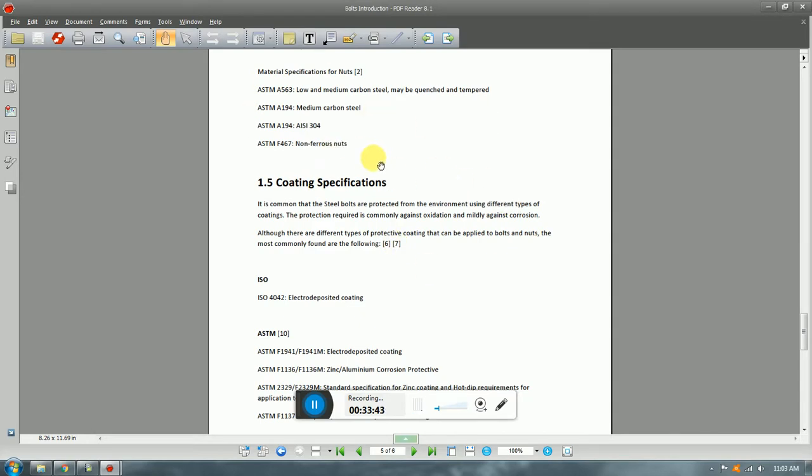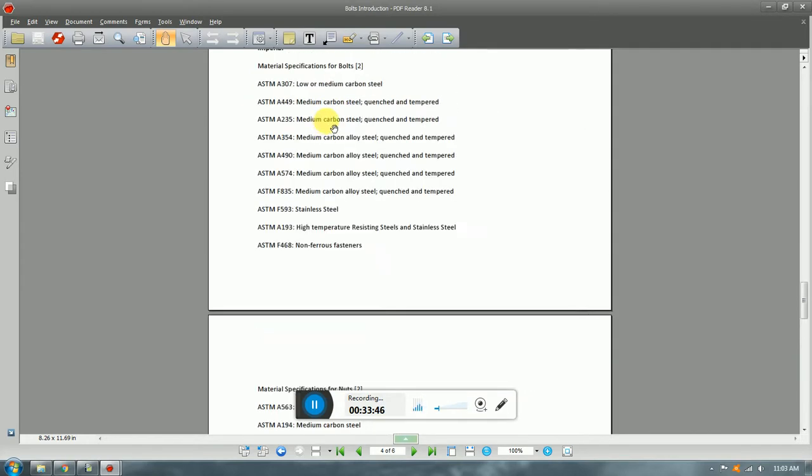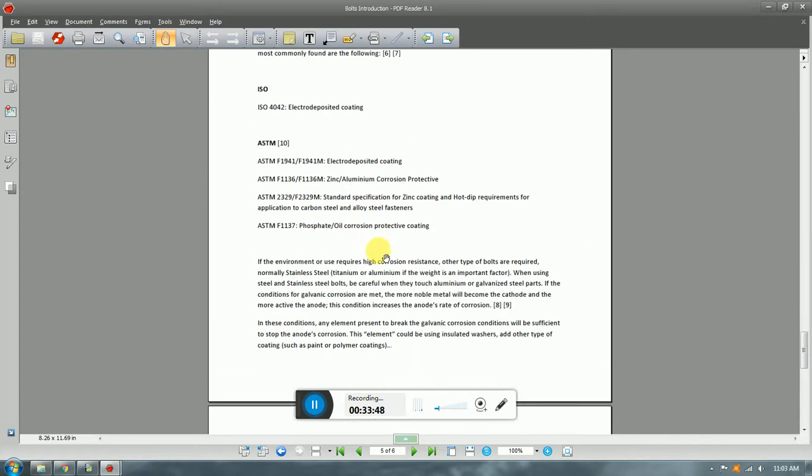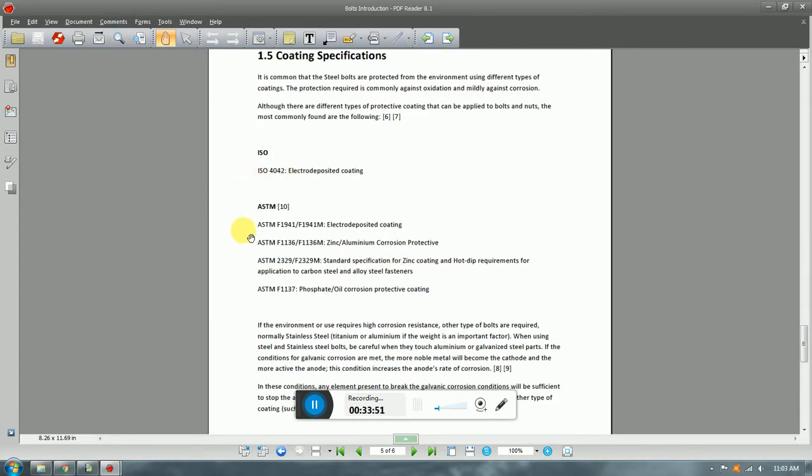You can also use paint, but the semi-permanent coatings are going to be these ones, and they resist quite well in many environments, not the really hard ones, like industrial with acids in the atmosphere. When these are not enough, or you're going to use them in the ocean, in salt water, things like that, some of these coatings are really good, but if you really want better corrosion resistance, you can get stainless steel bolts.